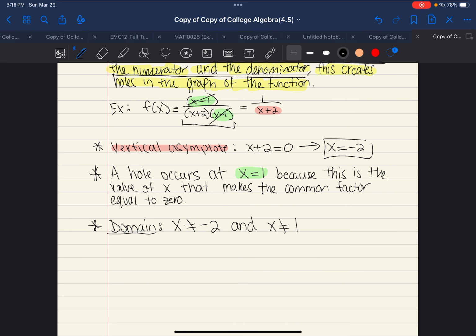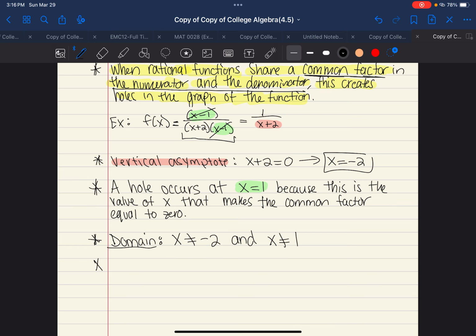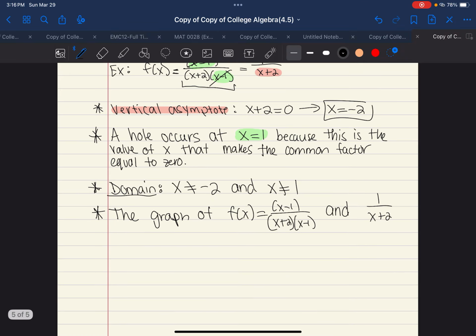And then I want to stress one more thing about this, and that is that these two graphs are not the same. The graph of f of x equals x minus 1 over x plus 2 times x minus 1, and the graph of 1 over x plus 2, where it's simplified, these are not the same.